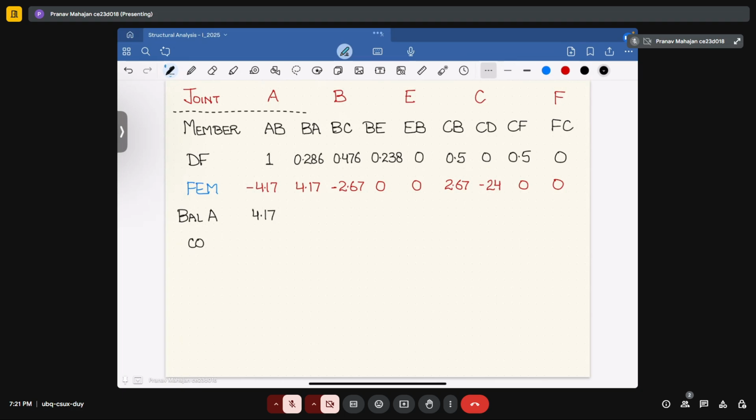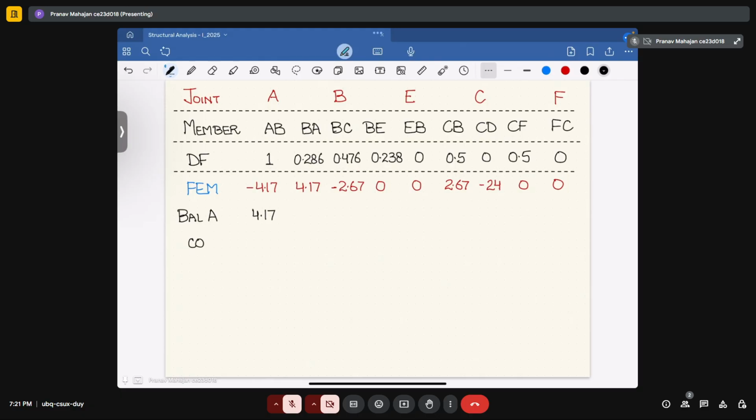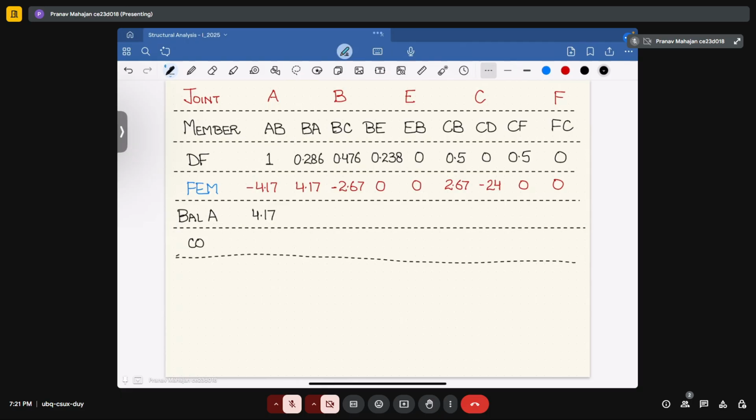I think that will be easy for us to understand. Okay, so its carryover moment will come out here as 2.09. Fine. So here 2.09 will come.